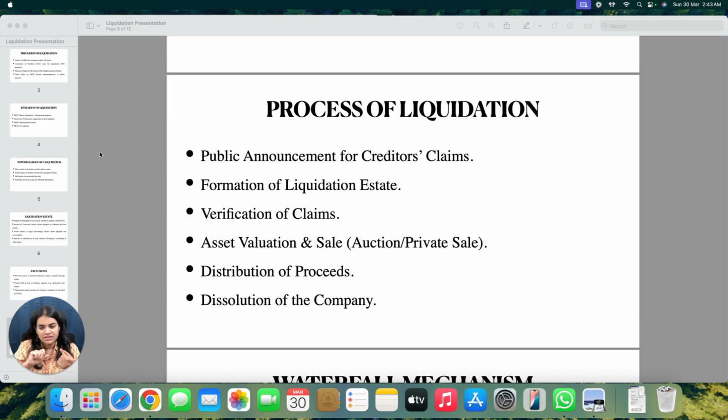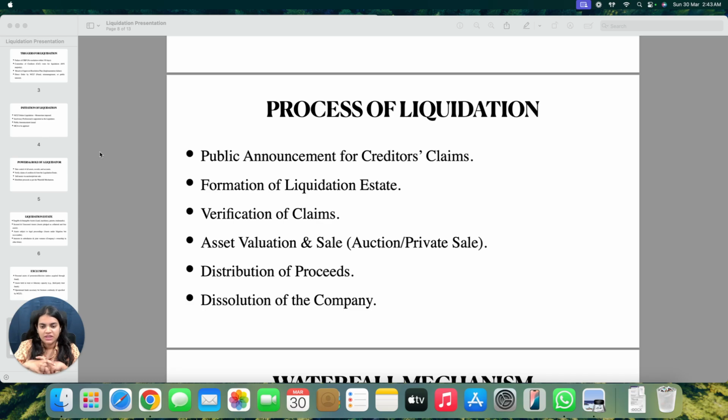NESL also provides an auction platform where the liquidator may provide the details of the asset and have the auction process virtually, facilitating a quicker sale process.